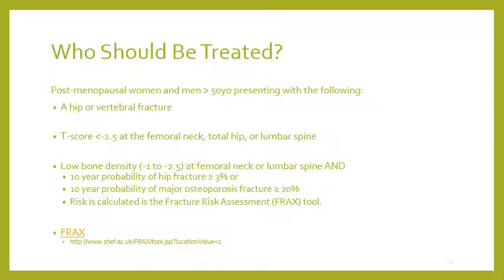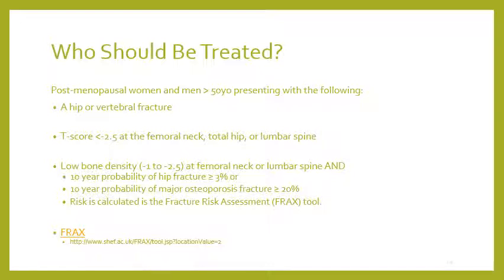If they present with a hip or vertebral fracture, if they have a T-score of -2.5 or lower at the femoral neck, total hip, or lumbar spine, or if they have low bone density or osteopenia at the femoral neck or lumbar spine, and any of the following: a 10-year probability of hip fracture of 3% or greater, or a 10-year probability of a major osteoporosis fracture of 20% or greater.